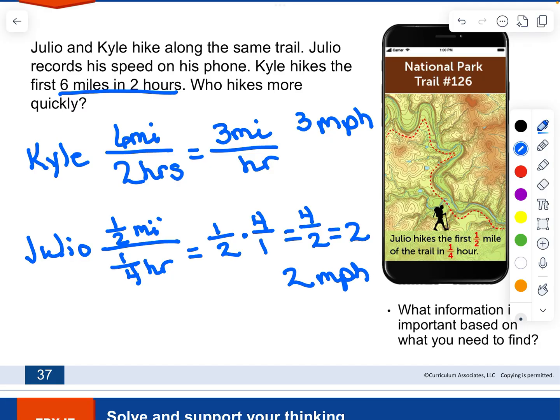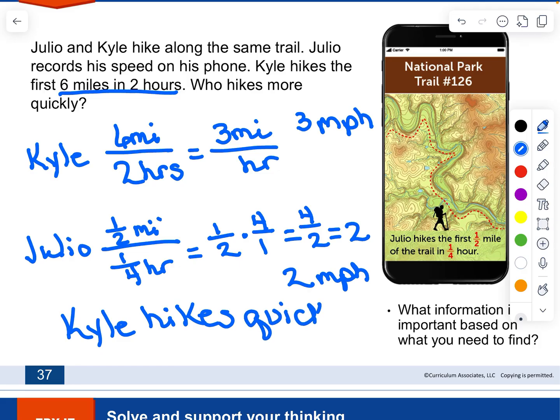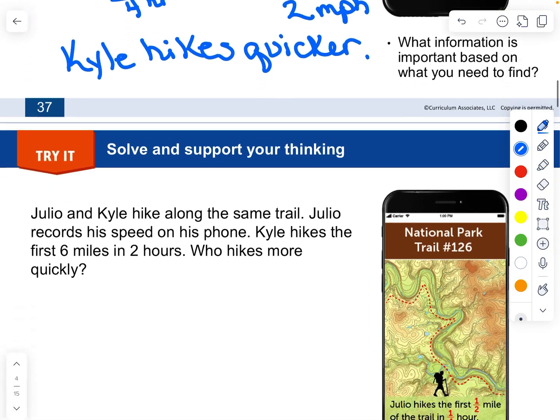Who hikes more quickly? Kyle hikes quicker. That wasn't bad.